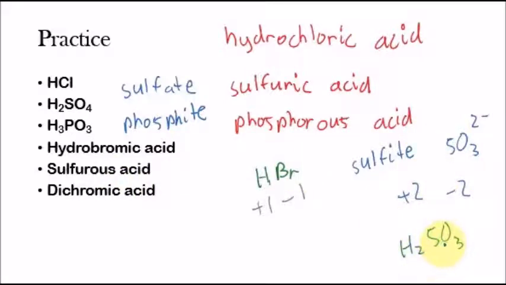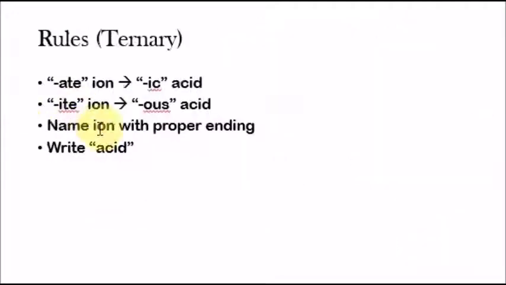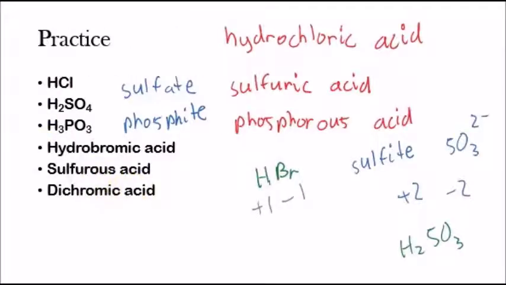It's basically working backwards. You have to be smart about that, okay? Now, we have another acid. We know it's a ternary acid because we don't see the hydro at the beginning. We're looking at dichromic. That means we're looking at an ate ion because it's an ic acid ending in ic. So the polyatomic ion which starts with dichrom and ends in ate is dichromate.